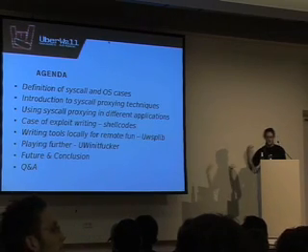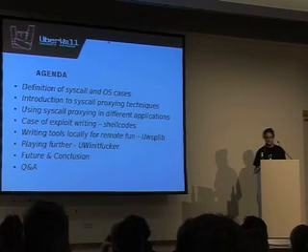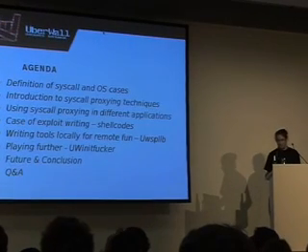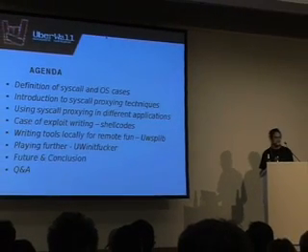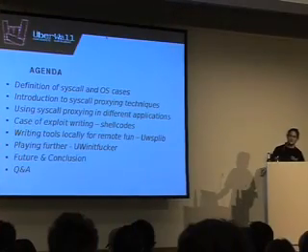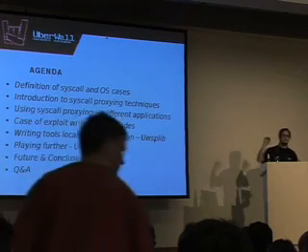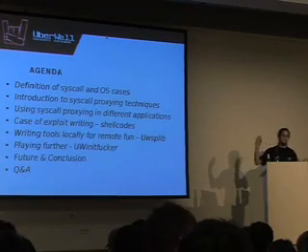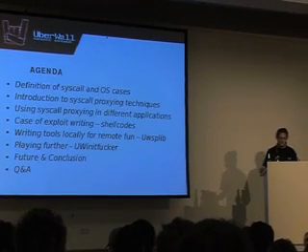How to write local tools for remote fun with the syscall proxy library, and how to play a bit further, like making kinds of rootkits with this technique. And after, just a little conclusion, and if I can answer some questions. Just for the questions, please ask for a microphone, else it will not be recorded and nobody will hear it. So just ask.